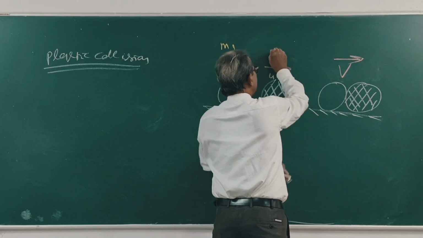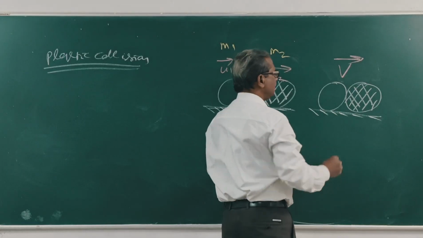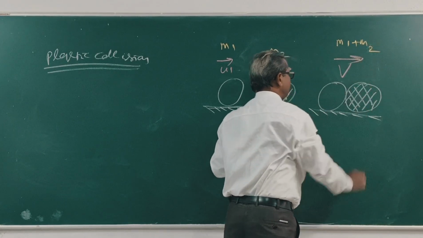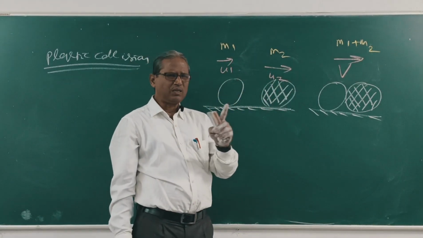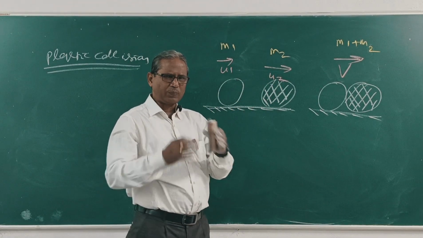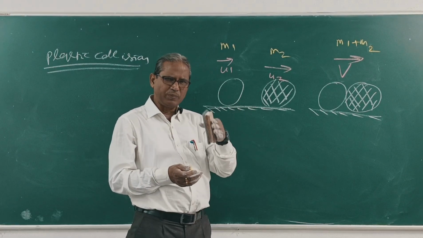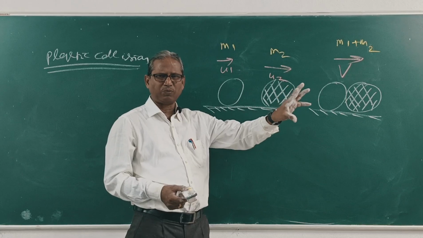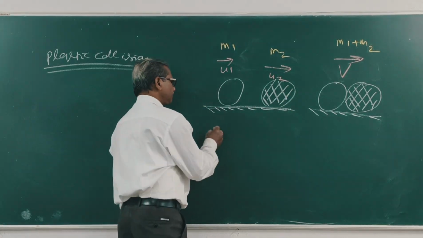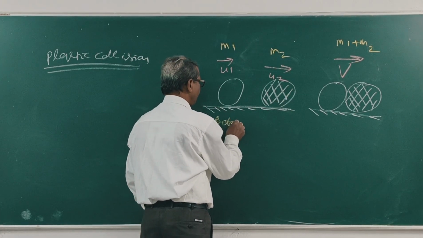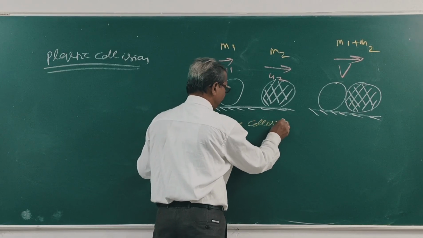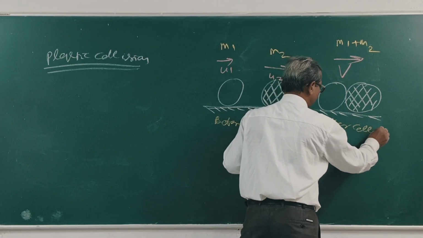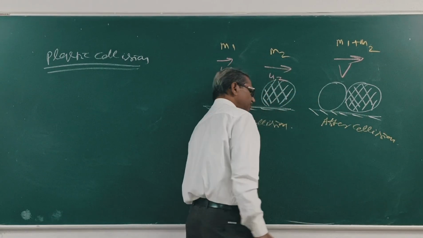After collision, both bodies move together with velocity v, so total mass is m1 plus m2. Clear?